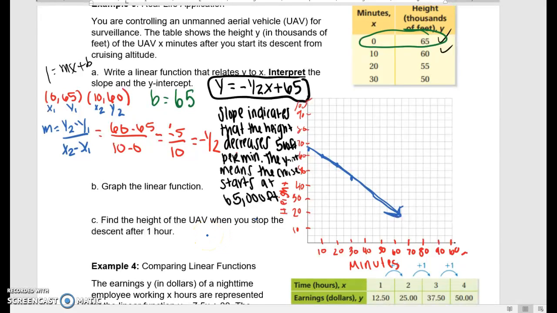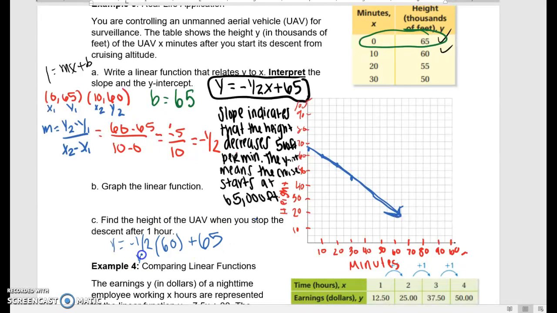Oh, so you're figuring out what the height is after 1 hour. 1 hour means 60 minutes. So what I'm going to do is just take my equation, right up top, y equals -1/2 x plus 65. Excuse me, but instead of my x, I am going to plug in 60 minutes and then add 65.